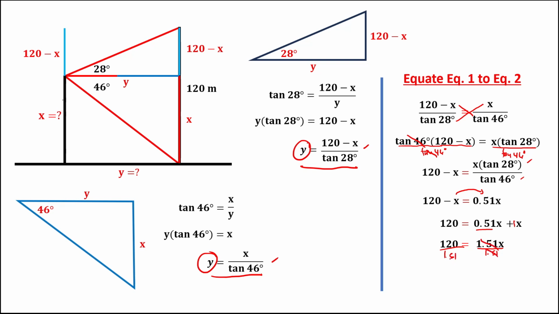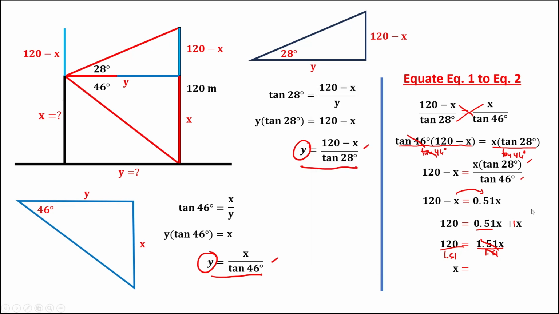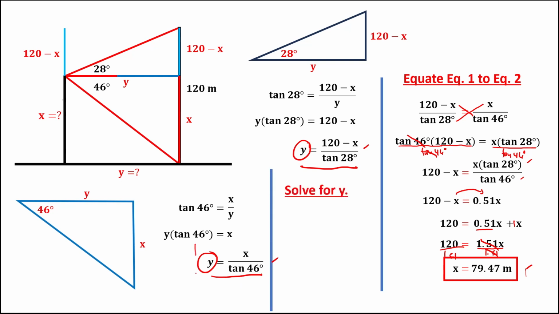Divide by 1.51. Therefore, x equals 120 divided by 1.51, so x equals 79.47 meters. Then since we have now the value for x, we can solve now for y. To solve for y, using this equation, y equals x over tangent 46, and x is 79.47.